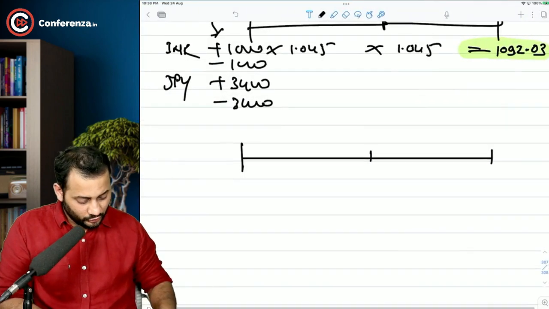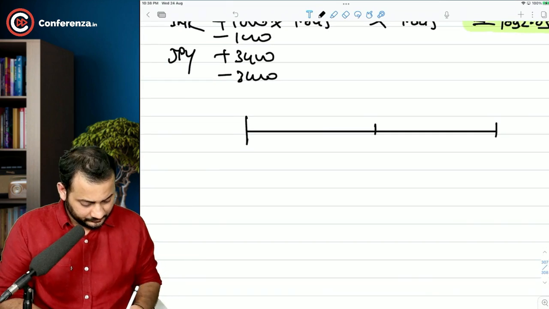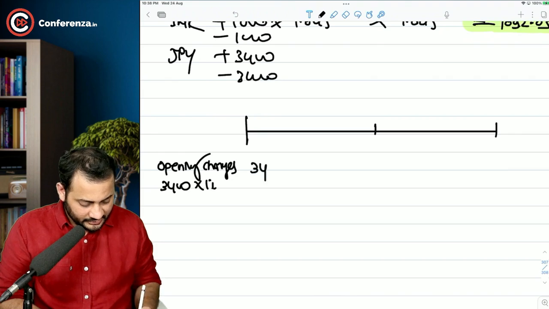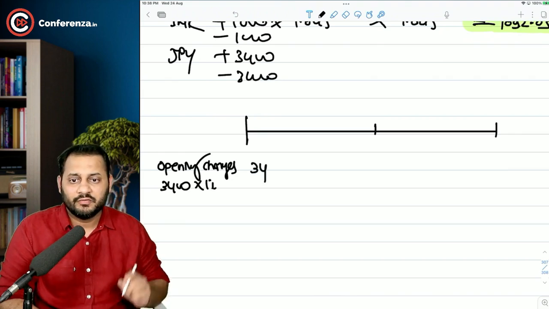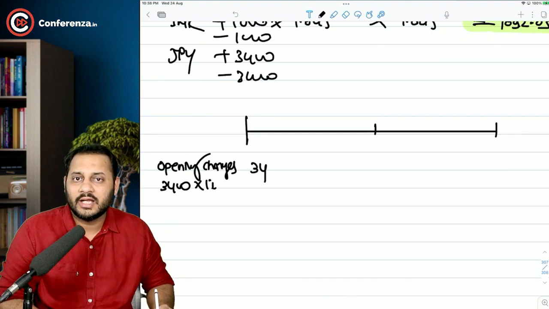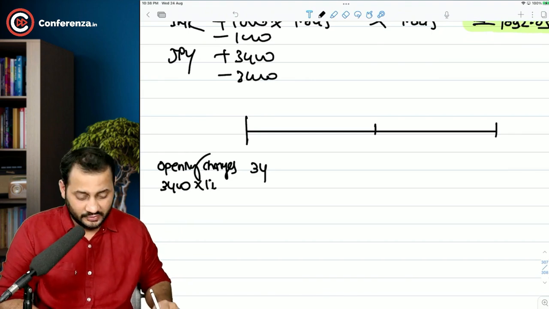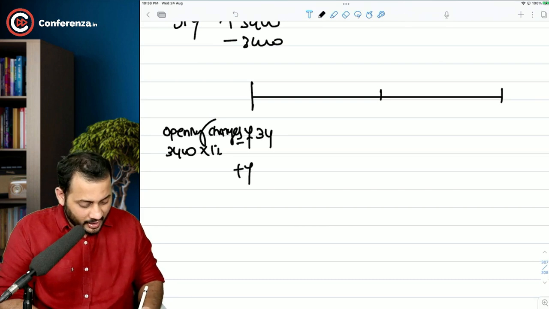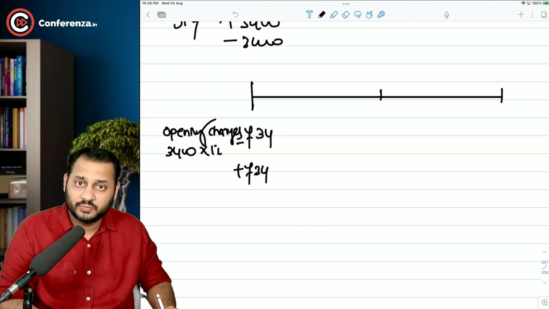So how much are the LC opening charges? 3400 lakhs yen into 1% means 34 lakh yen. So we will have to pay him 34 lakh yen today itself. How are we going to pay this much? We first have to buy 34 lakh yen in the spot market.